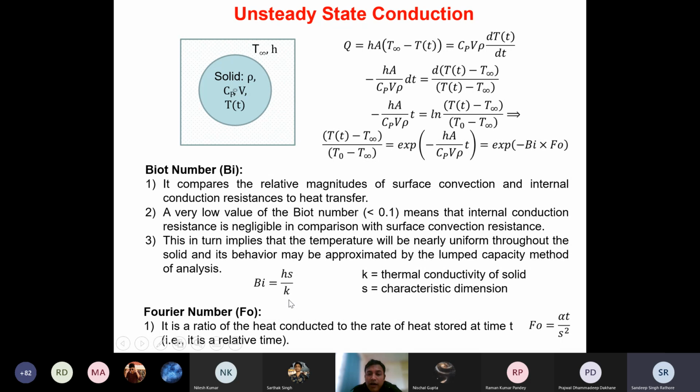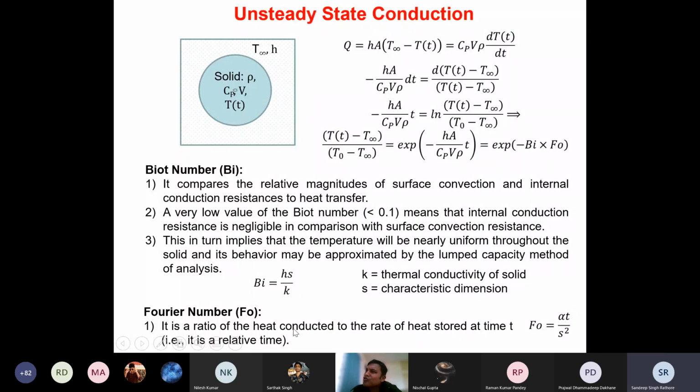Okay, so you can rearrange this equation. After rearranging this equation, if you represent this equation slightly in a different way, what are you going to get? S by k is nothing but the resistance of the conduction, divided by 1 upon h, that is nothing but the resistance by convection.